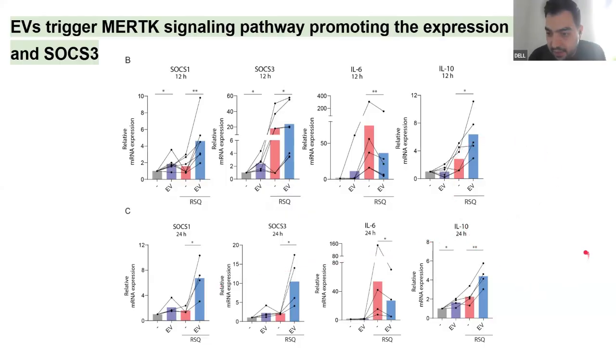And also at the cytokine level, you can see that EVs suppressed IL-6 expression while simultaneously promoting IL-10 transcription. So collectively, these findings indicate that EVs activate TAM receptor signaling in macrophages, fostering an anti-inflammatory state.